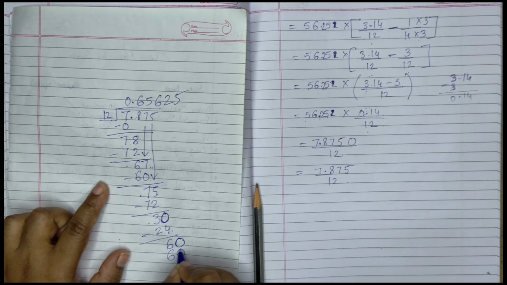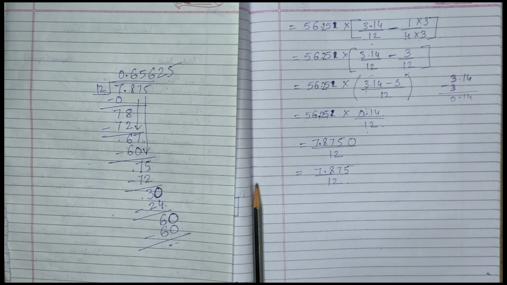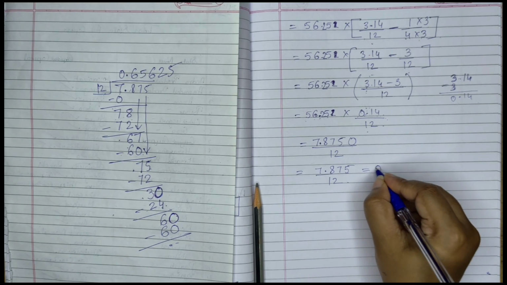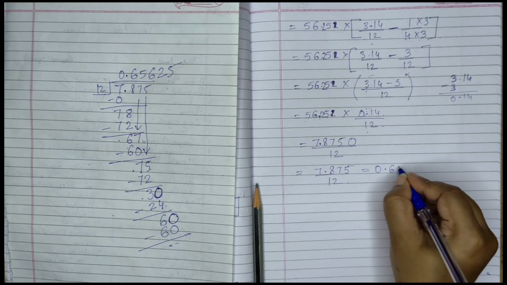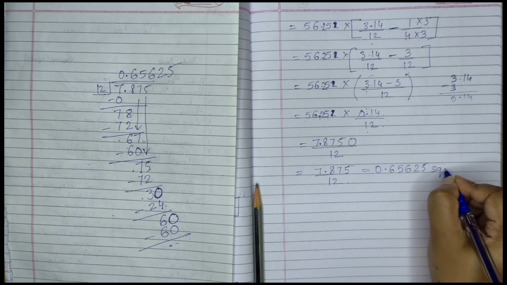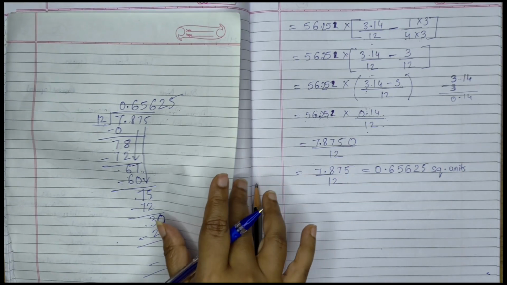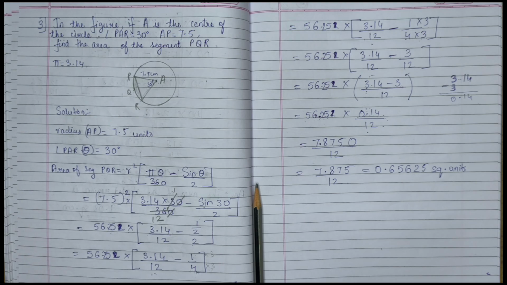So here the division stops. So what answer we got? 0.65625. Here we get 0.65625 square units, because no unit was given, so we will just write square units.